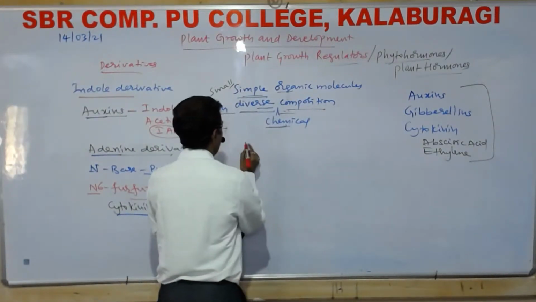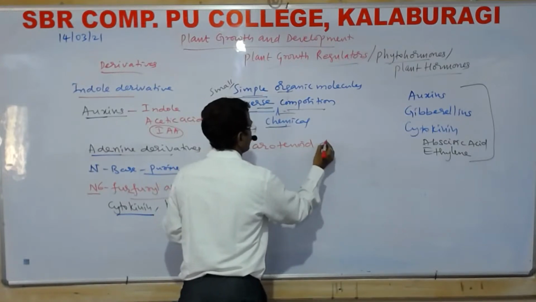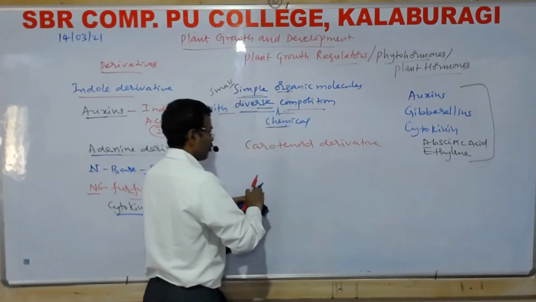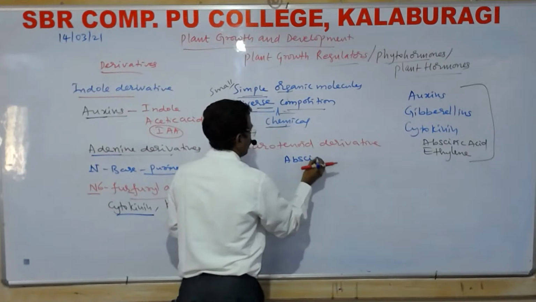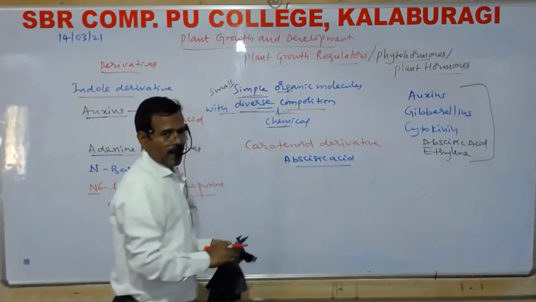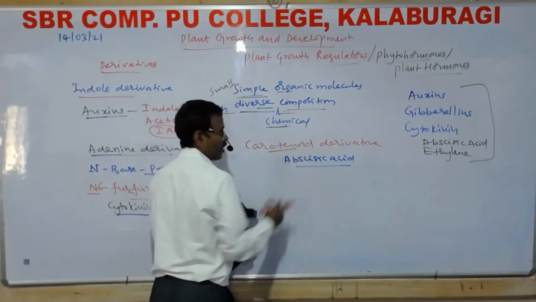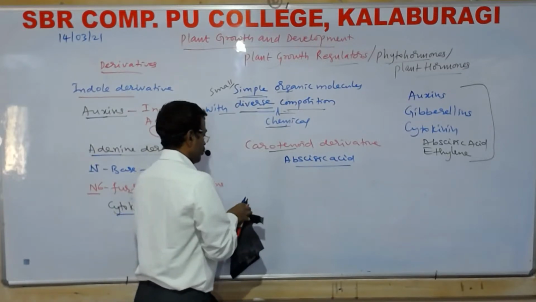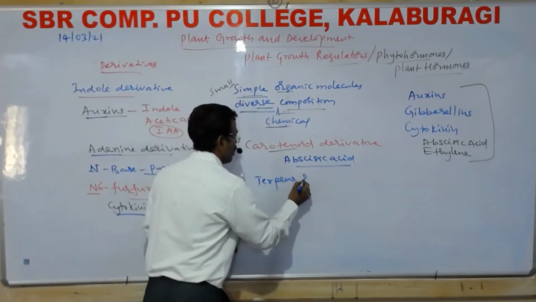The next one we have is carotenoid derivative. It is abscisic acid. Abscisic acid is a carotenoid derivative. It is derived from carotenoid. Then next we have terpene derivative.